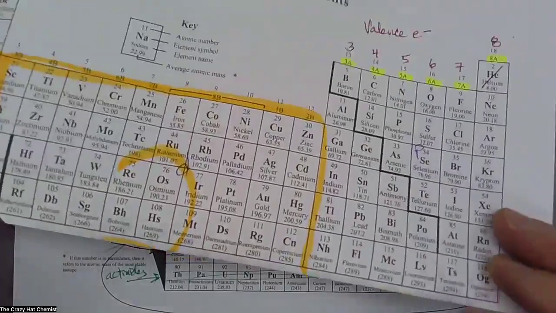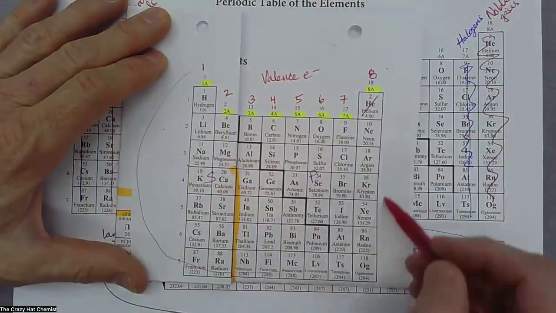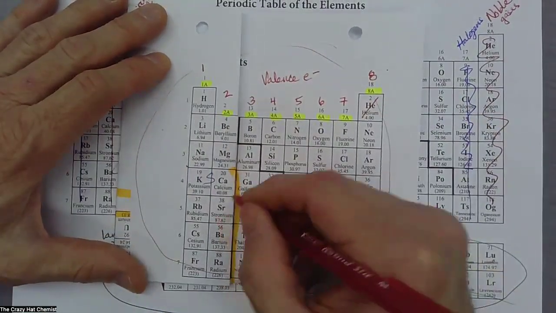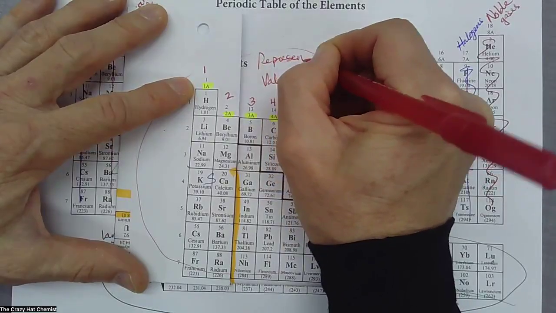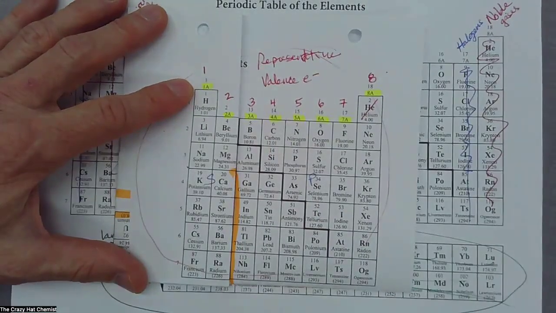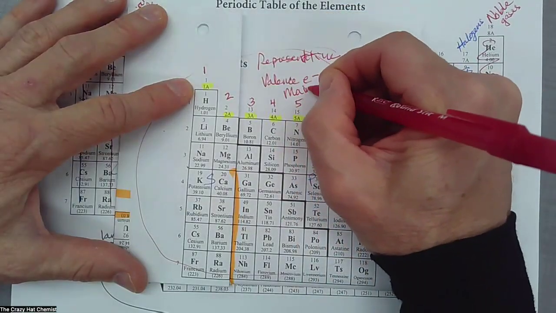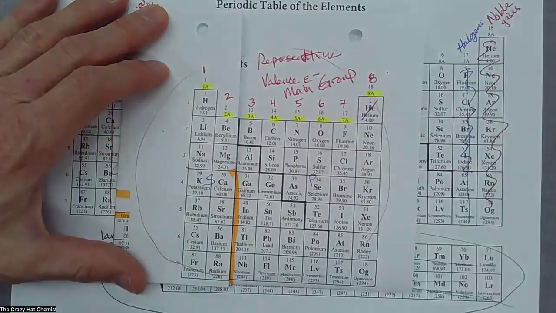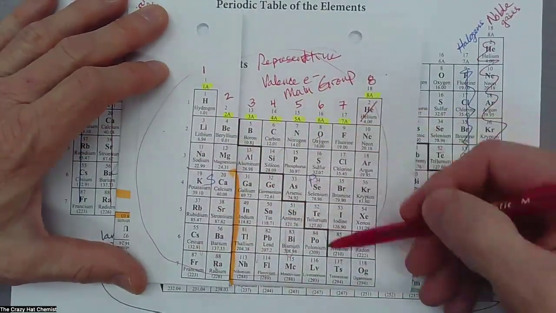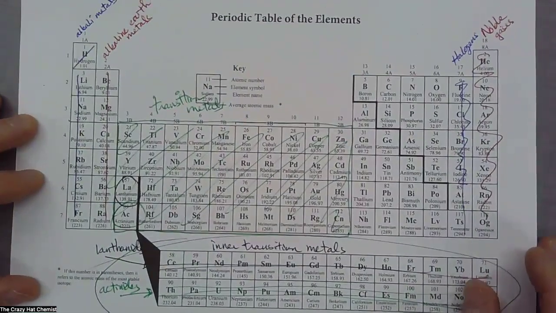So what we're going to do is take our periodic table, fold out the D's and the F's, and what do you have? These right here are the representative elements, or main group elements. So main group elements, representative elements, are the S's and P's. Cool. Okay, awesome. Labeled up that periodic table.